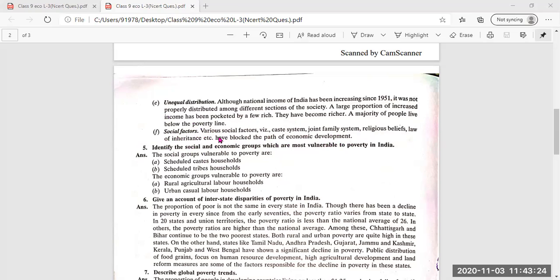This can also be a reason: people do not have that much income, and on the other side they are spending so much on these various beliefs, customs and traditions, and thus they fall into debt and come into poverty, below the poverty line.